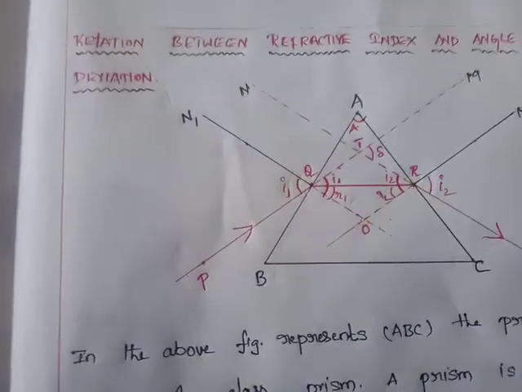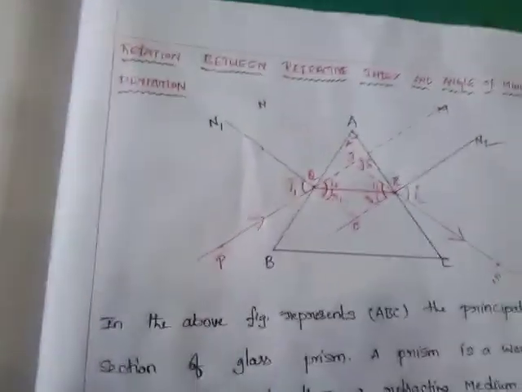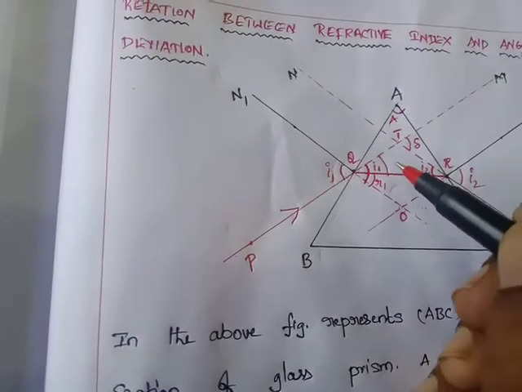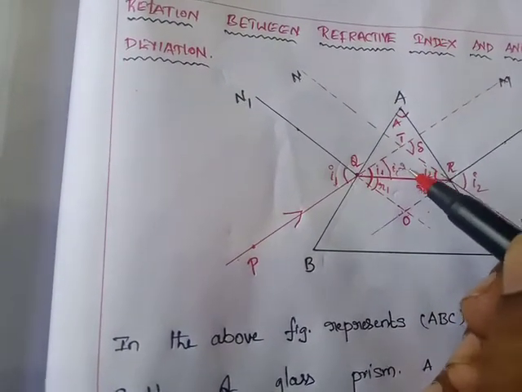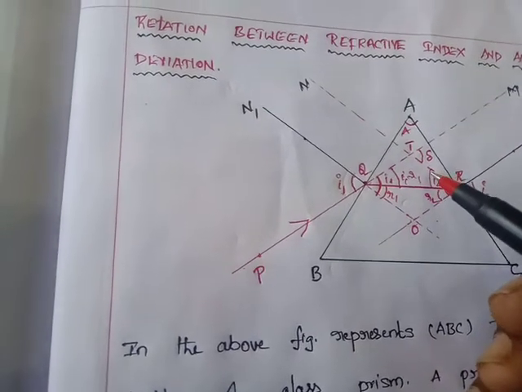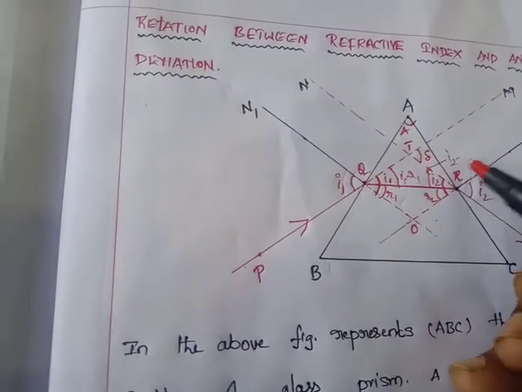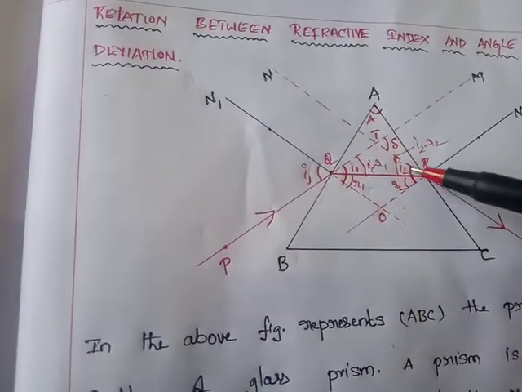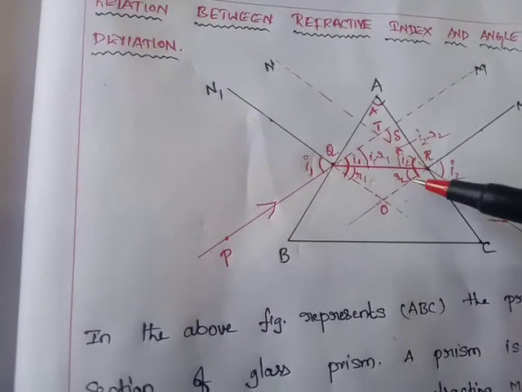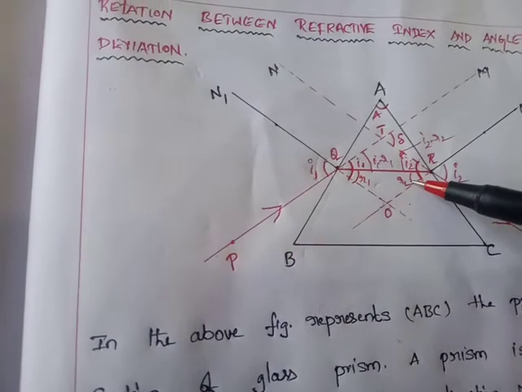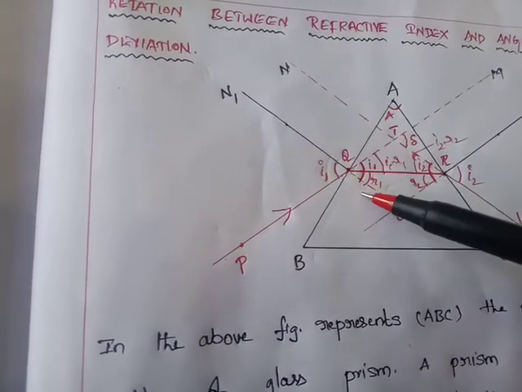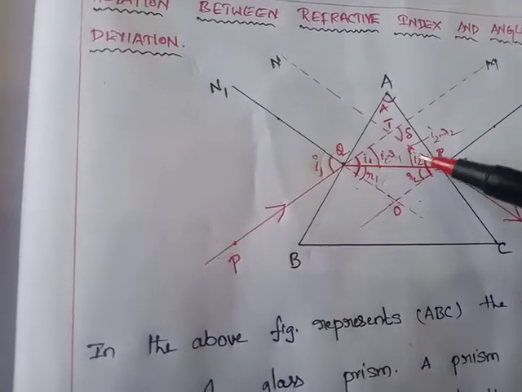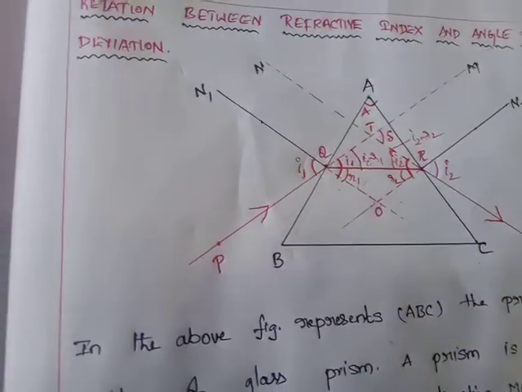So this angle represents I1 minus R1 and this angle represents I2 minus R2. Understand? So this entire angle is I2, so R2 is subtracted here, and this entire angle is I1, so R1 is subtracted. It gives I1 minus R1 and I2 minus R2.